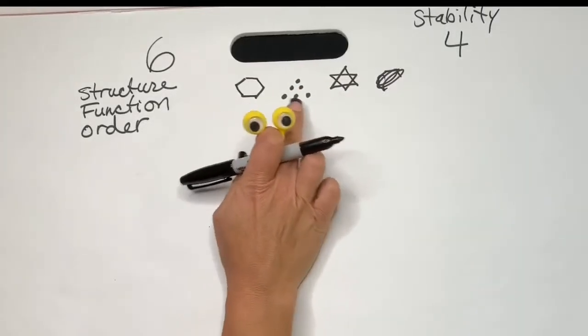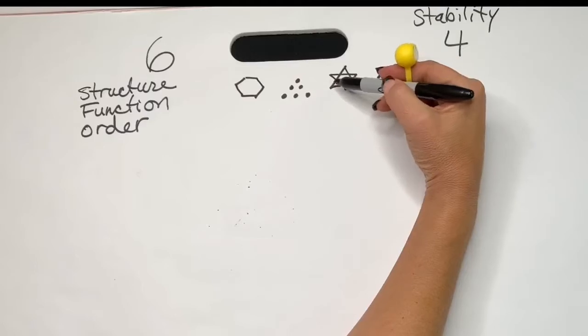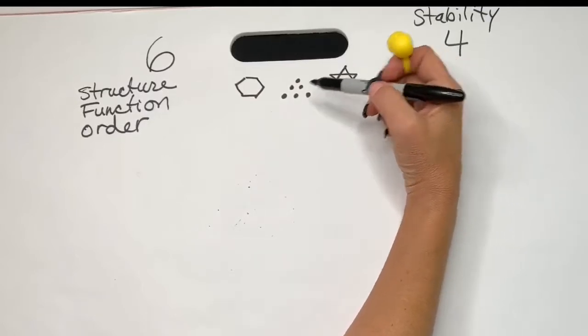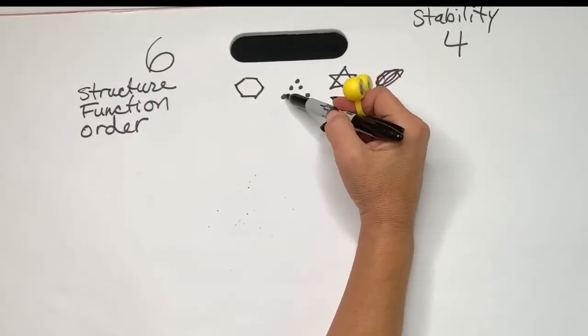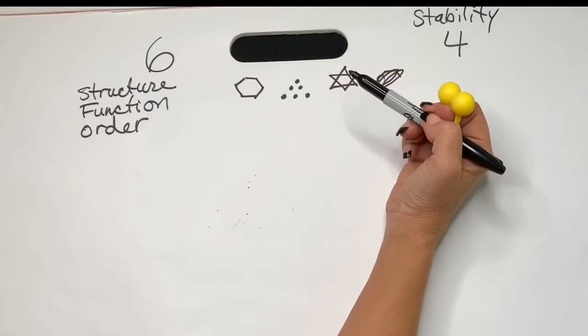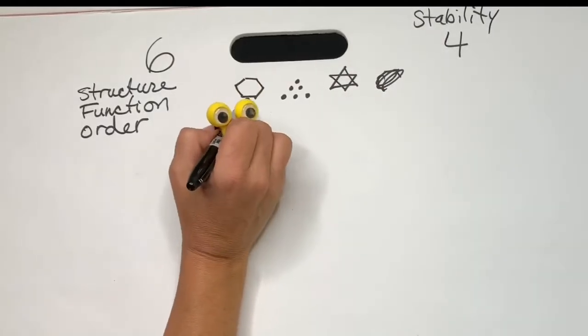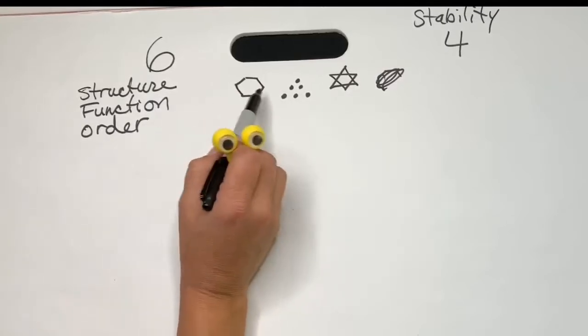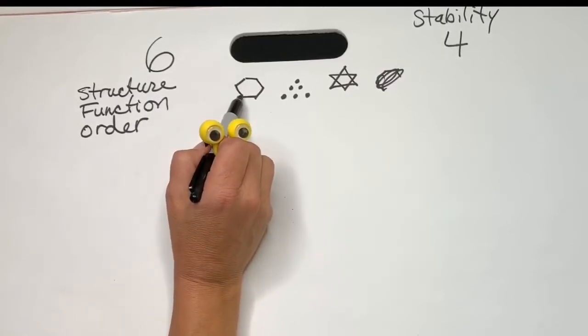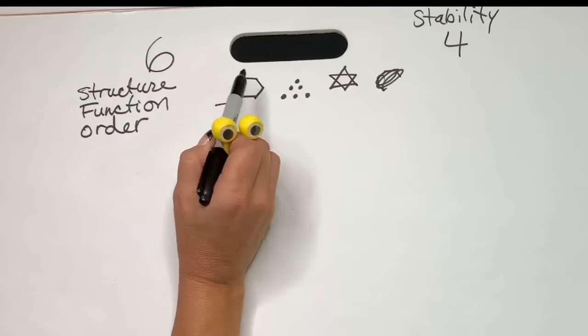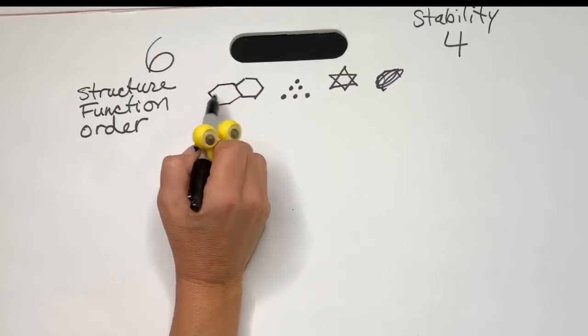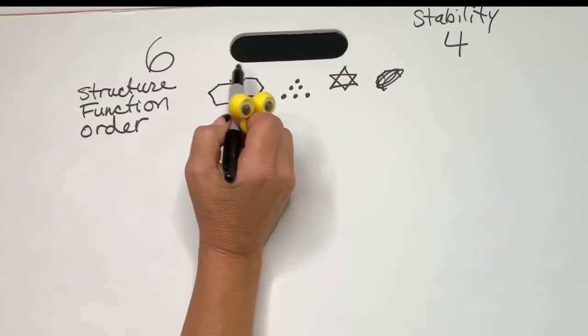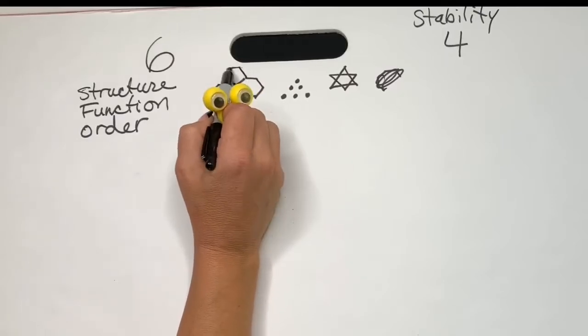But I'm just trying to give you a see as above, so below. Pyramid, the balanced order of the pyramid. All the shapes that can be created within the hexagon. Beehives are made in the shape of hexagons. I'm kind of failing the bees at this point, but you understand what I mean.